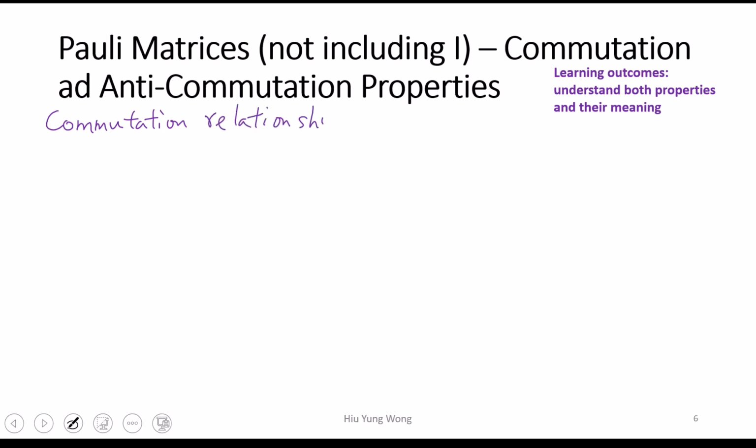It has a definition for the commutator. If I write this square bracket, sigma n comma sigma m, it means this is a commutator, which is defined as sigma n sigma m multiplication minus sigma m sigma n.